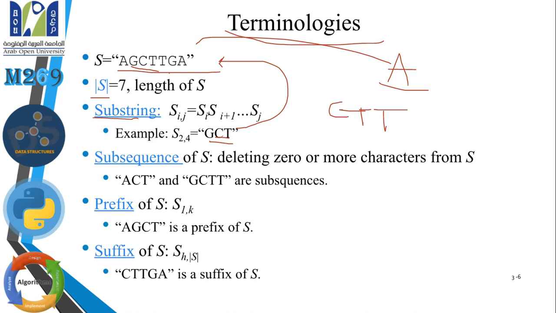Subsequence. A subsequence is when you take out some of the letters from the original text, and the letters that remain keep the same order as in the original S. For example, see the original text A, G, C, T, T. Can we say that A, C, T is a subsequence of S?